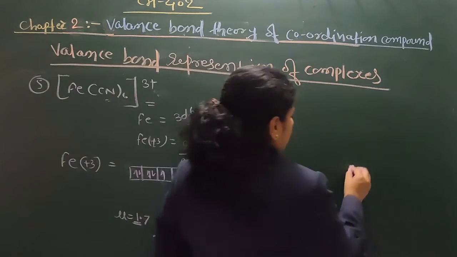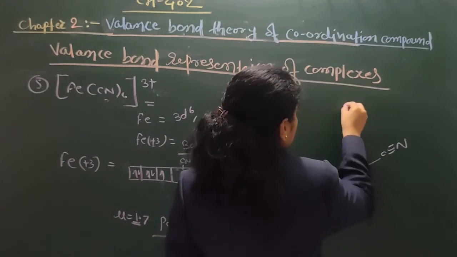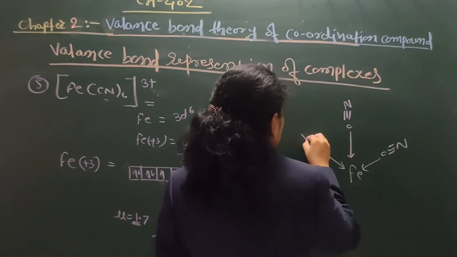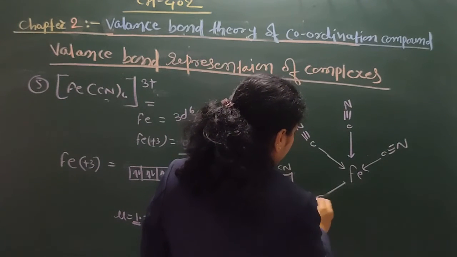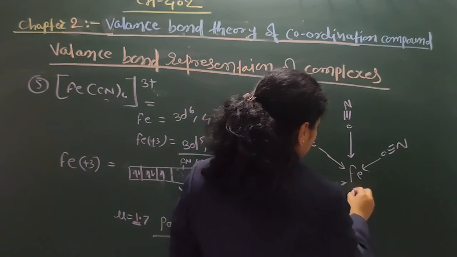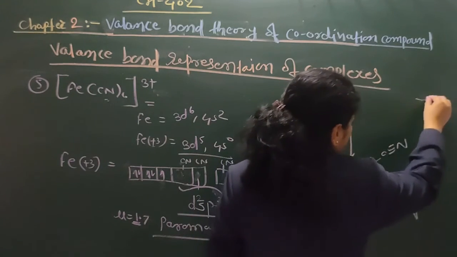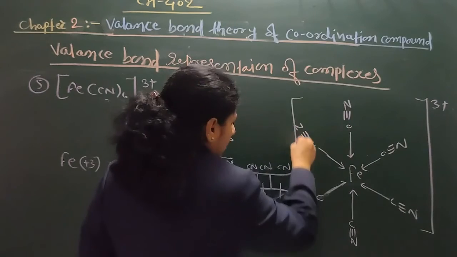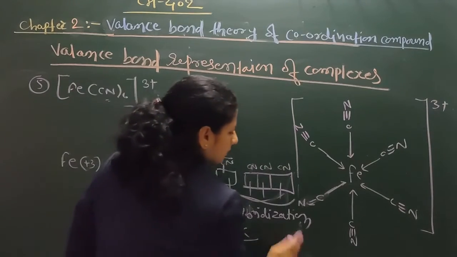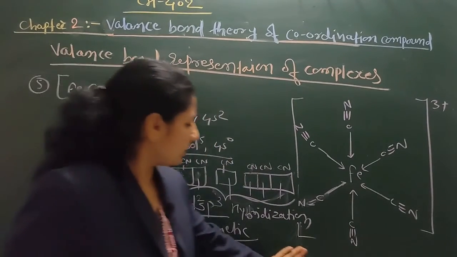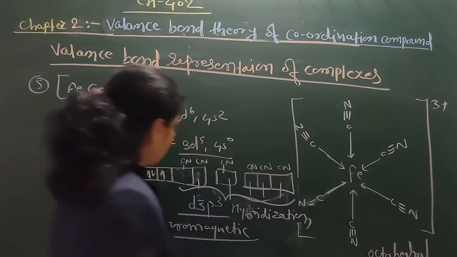As we know, the geometry is octahedral, with cyanide as the ligand, and the hybridization is d2sp3.